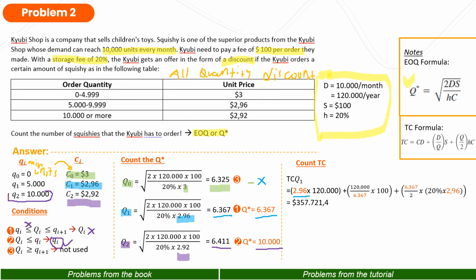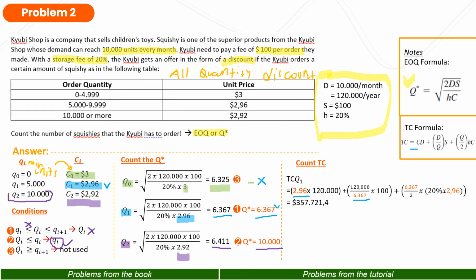The cost, that is 2.96 times the 120,000, plus the annual demand divided by the Q star.